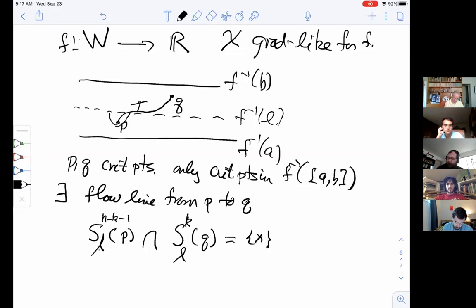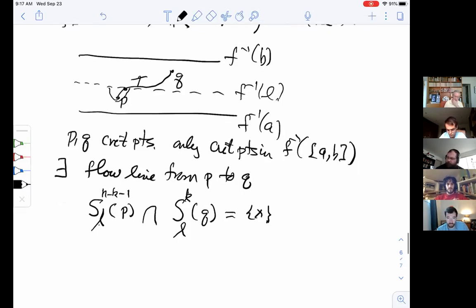So the statement that there's only one flow line from p to q is the statement that the intersection of the ascending sphere at level L with the descending sphere at level L is a single point, because every point of this intersection lies on a flow line that flows in minus infinity to p and plus infinity to q. So this intersection parameterizes the flow lines. I'm telling you there's only one flow line, so this intersection is a single point, and it's to be a transverse intersection.